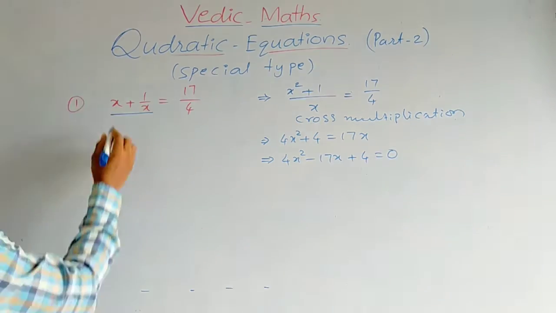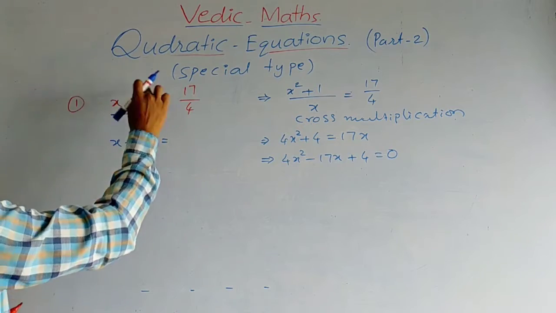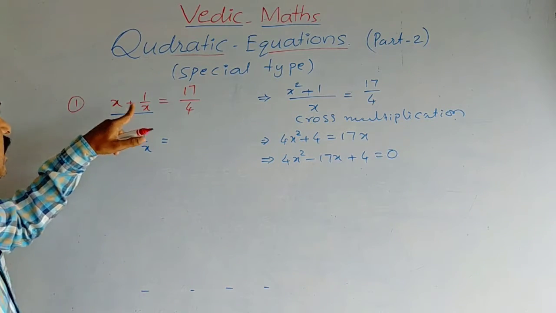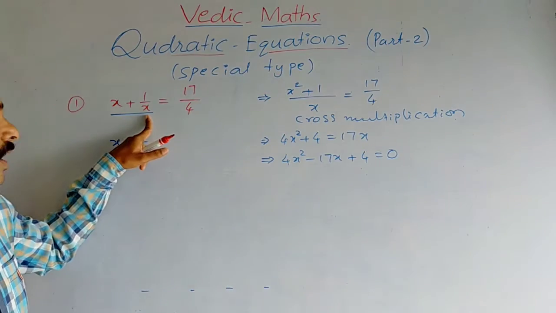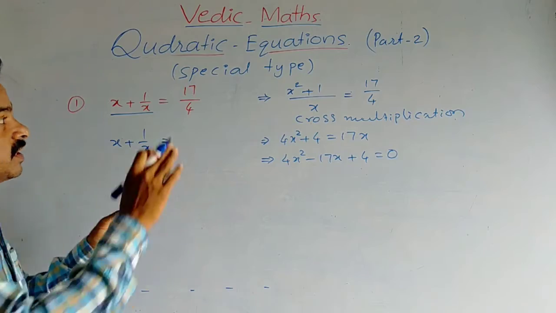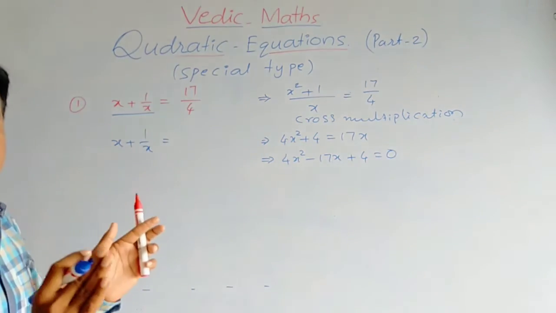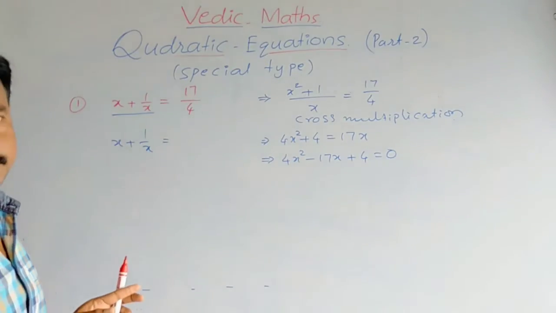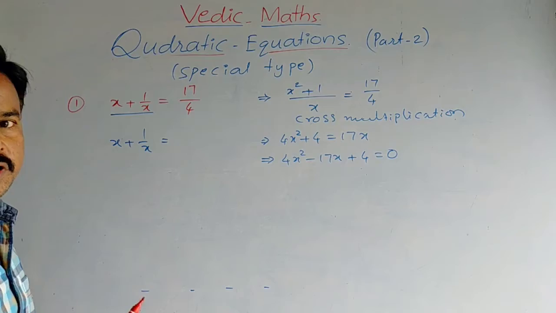Now you see this one. We observed that the left hand side has two terms, and these two terms are reciprocals of each other, and on the right hand side 17 by 4 is there. This 17 by 4 also we have to write as the sum of two reciprocals. How can we write it? In the denominator 4 is there.